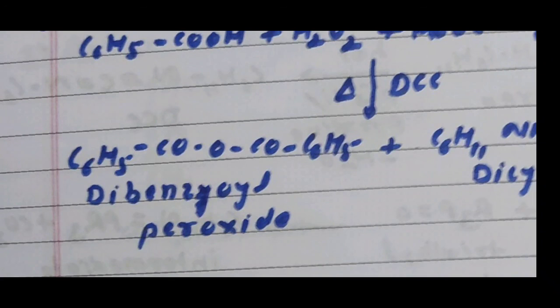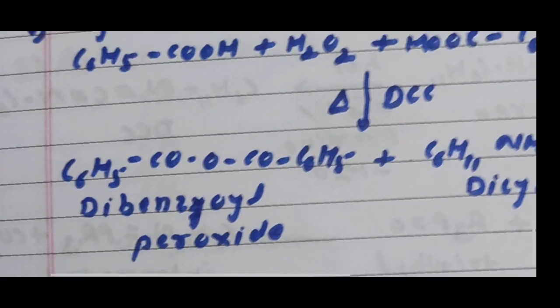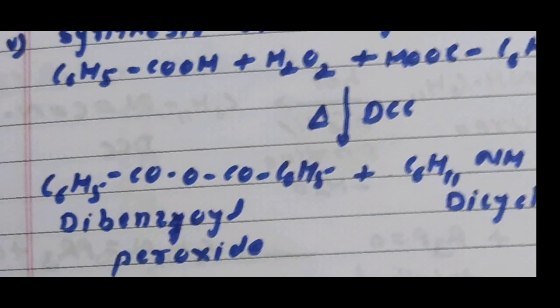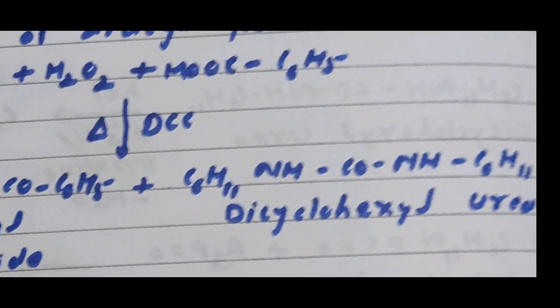Here two molecules of benzoic acid plus H2O2, hydrogen peroxide, when heated release a water molecule, and dibenzoyl peroxide plus dicyclohexyl urea are formed.